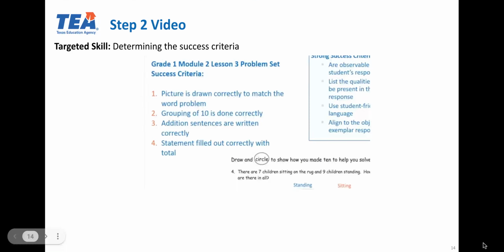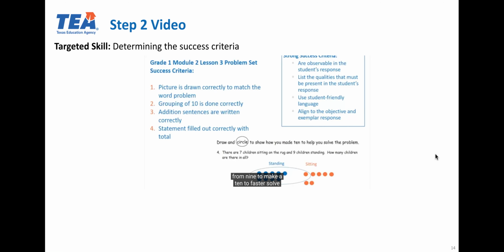Since the task is asking them to count on from 9 to make a 10 to faster solve an addition sentence, I want to make sure that is clear in my success criteria. Ideally, this is something I can put in front of students, so I want to break it down as simply as possible. I start by first listing that in order to be successful on this task.